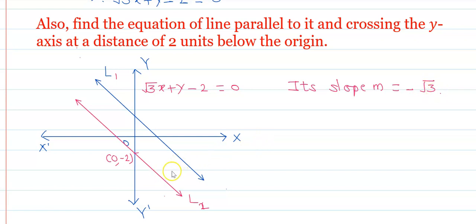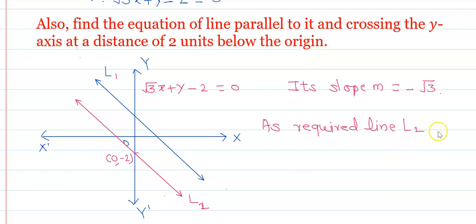Now our next line, that is L2, is parallel to the line L1 and having the intercept minus c, and therefore we have the required line L2 parallel to L1.